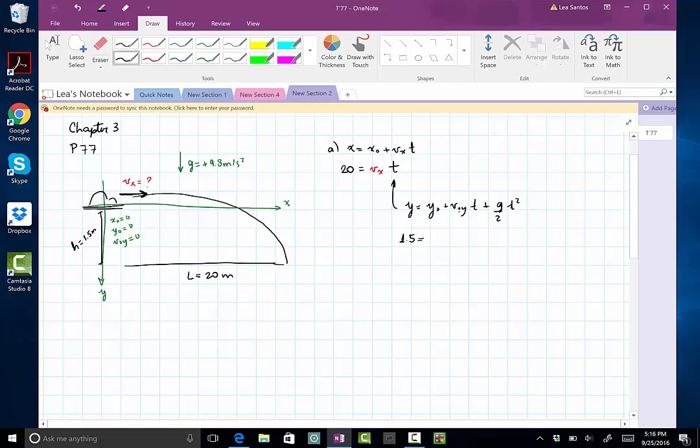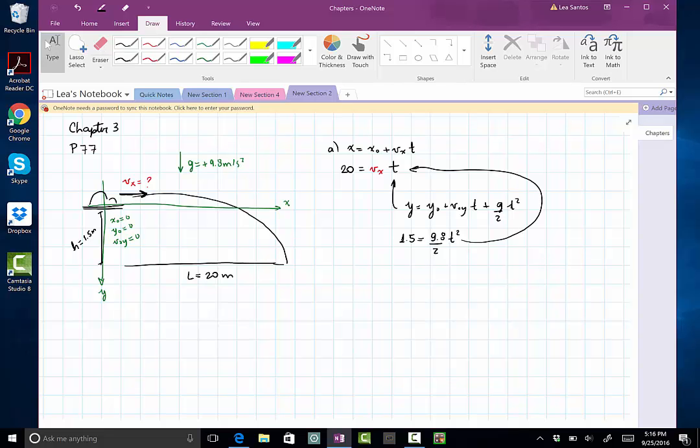There is no initial velocity in the y direction, so 0. My g is positive, so I have here 9.8 over 2 t squared. So from here, you can find the time and then plug it into this equation to find the velocity in the x direction. This is a constant uniform velocity, so it will never change. So you just get Vx.